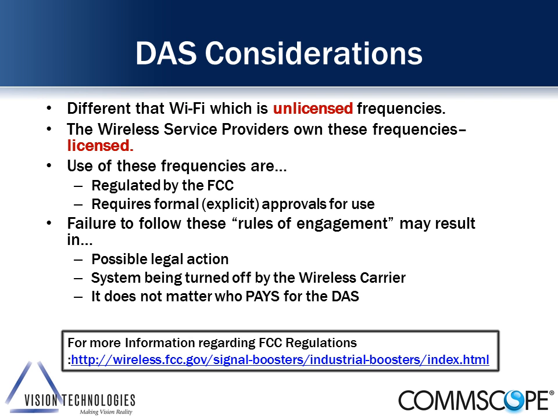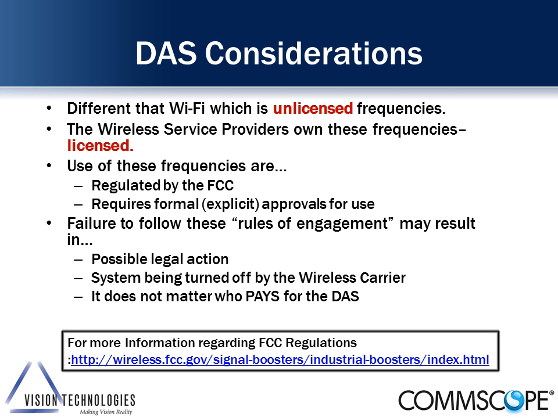Some of the things that you need to consider: I'm sure all of you have Wi-Fi at home or in your offices, and Wi-Fi is what's referred to as an unlicensed frequency. By that I mean no one owns those frequencies. In the case of the wireless service providers, the frequencies they use are licensed frequencies. They actually purchase those frequencies from the FCC, so they're regulated by the FCC.